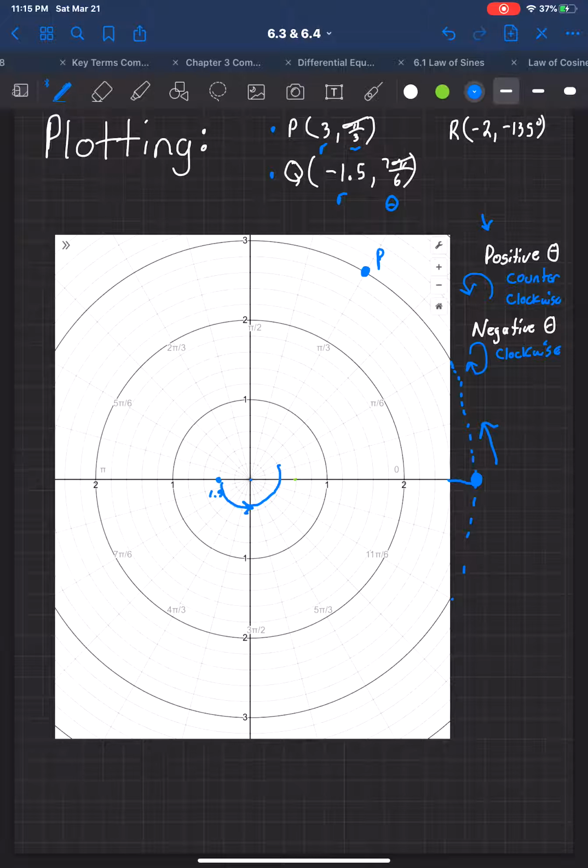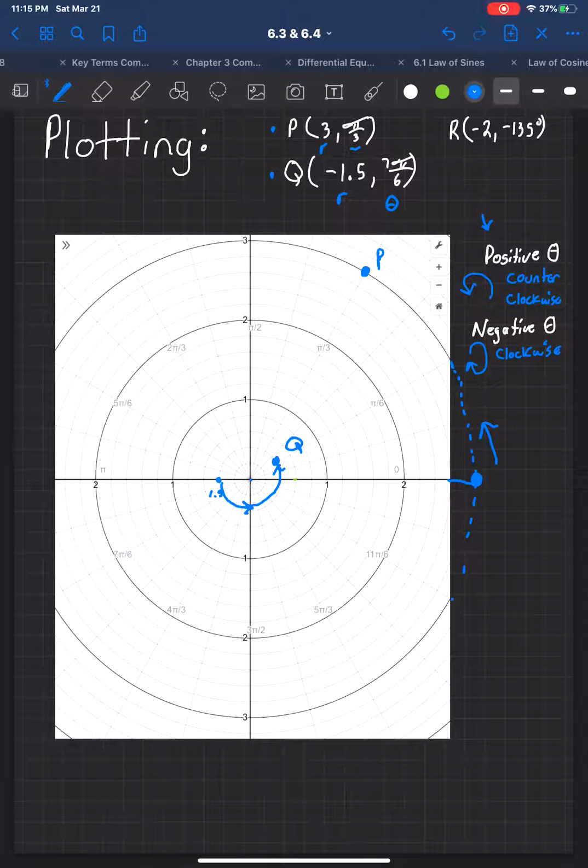If I could blow that graph up a little bit better, I would probably do a little bit better in plotting that point. But right now, let's make sure that you can see that we're traveling to the left 1.5, and then it's time to rotate, right? Since it was a positive angle, we need to rotate in a positive direction. We have decided that counterclockwise is the positive direction.